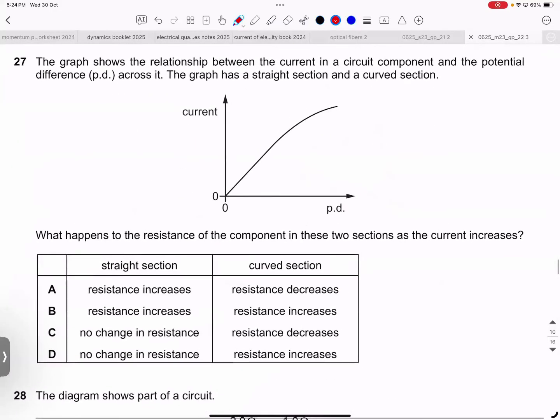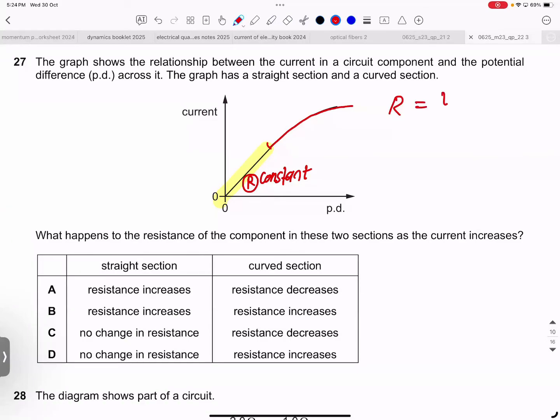Question number 27. The graph shows the relationship between the current in the circuit component and the potential difference. The graph has a straight section and a curved section. In the straight section, resistance is constant. For the curve, you need to judge.